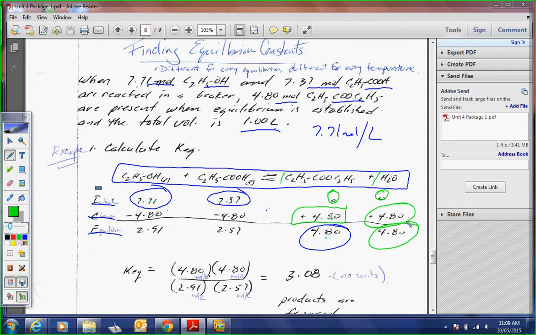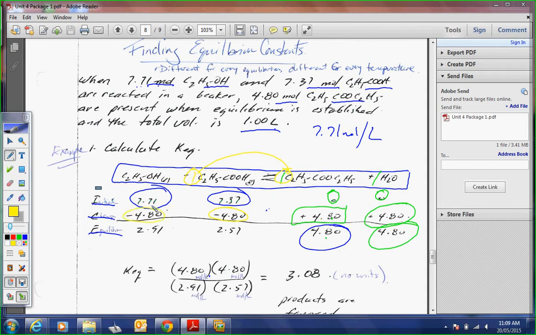Okay, so that's the first bit of thinking. The second bit of thinking, in yellow, is this. If I made 4.8 moles, and for every 1 mole of this reacted I produced 1 mole of this, I must have reacted, or used up, 4.8 to get the 4.8.